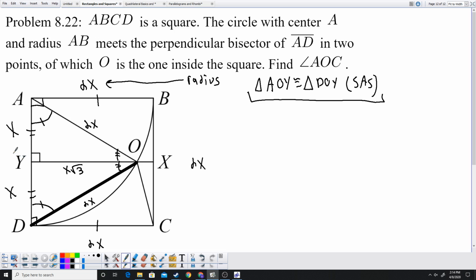Or we could just see how this is ending up as a 30, 60, 90 triangle. Because, again, we have the shorter side x and the hypotenuse 2x. Use Pythagorean theorem and you can find that YO is x root 3. So this angle here is 60 degrees because we have a 30, 60, 90 triangle. And then we have a 30-degree angle here. And we also have a 60-degree angle here.